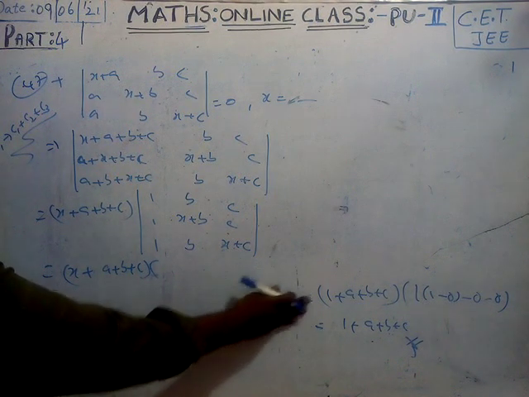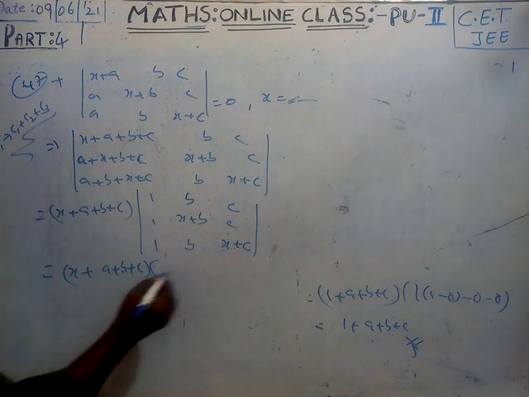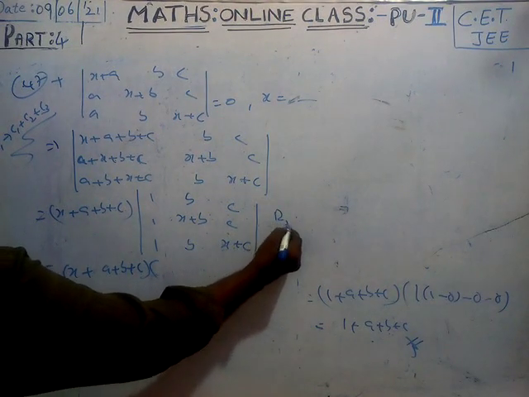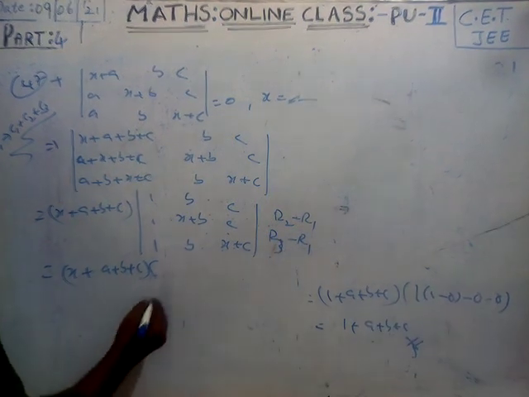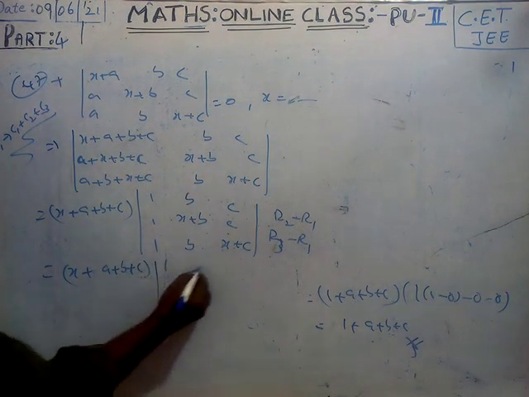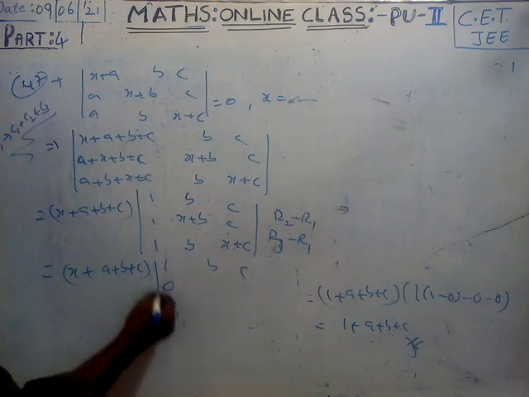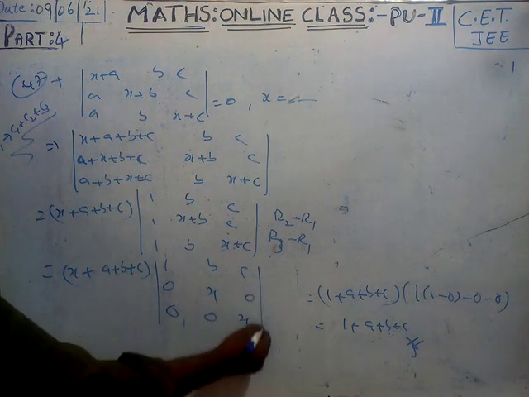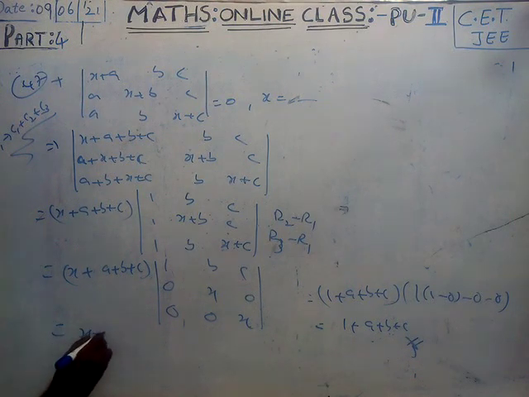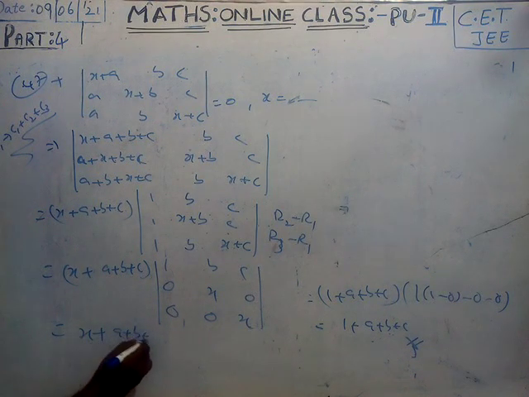Again we are applying R2 minus R1, R3 minus R1. So again here 1, b, c; 0, x, 0; 0, 0, x. So it is x plus a plus b plus c.